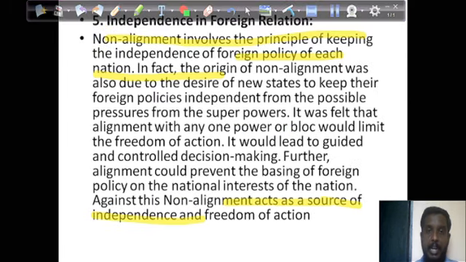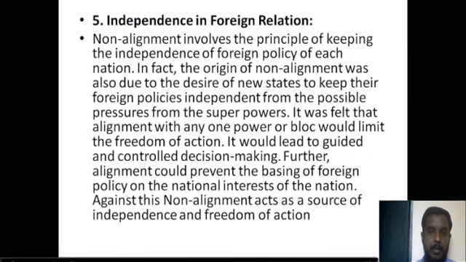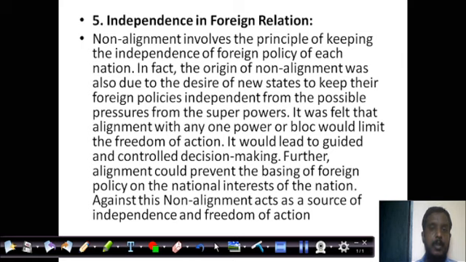Moving into the next slide. Independence in foreign relations. Let's assume that India went and joined with the USSR.